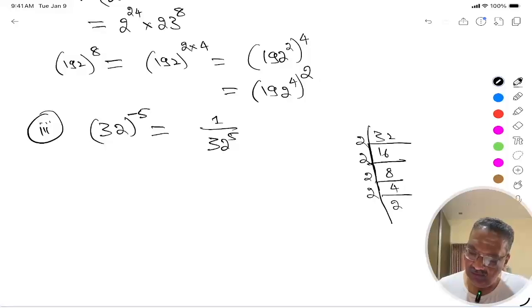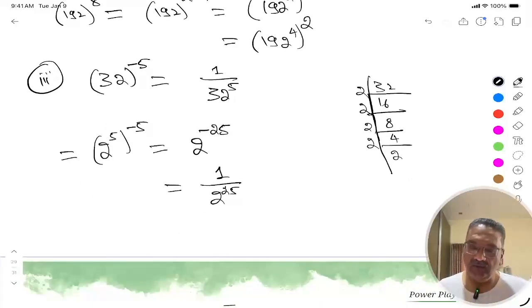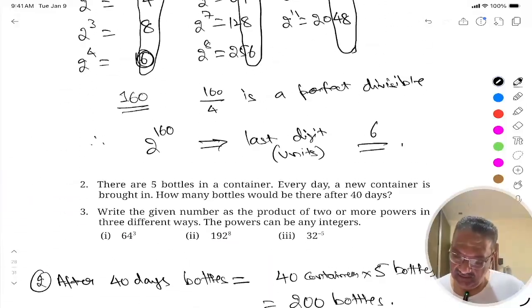So 2 to the power of 5 to the power of minus 5, or 2 to the power of minus 25, or 1 by 2 to the power of 25. Okay, so this is another way of writing. This is the third one.